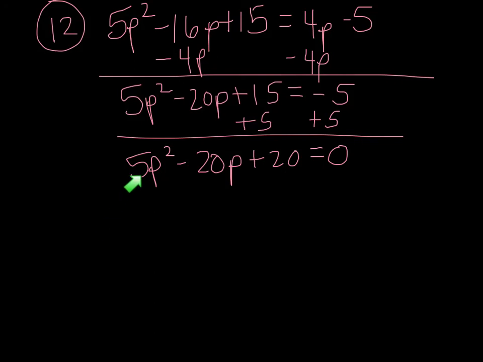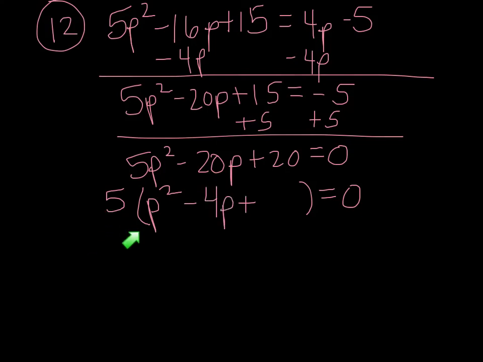Next thing I notice is that I've got 5p squared, negative 20p, and 20, all of which are divisible by 5. So we're going to factor out my greatest common factor of 5. So I'm thinking to myself, 5 times what gives me 5p squared? The answer is p squared. Then 5 times what gives me 20p? The answer is 4p.